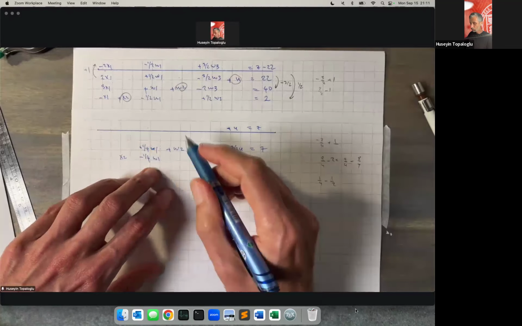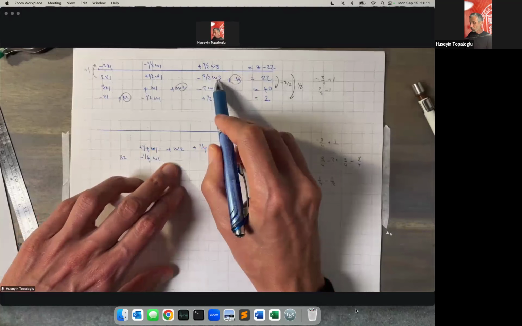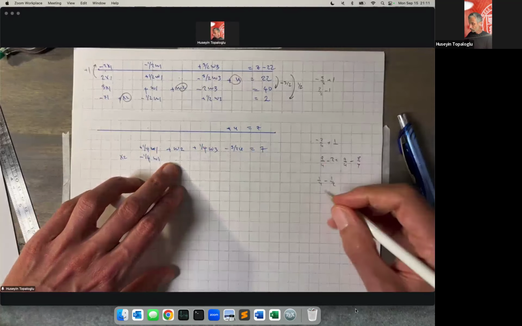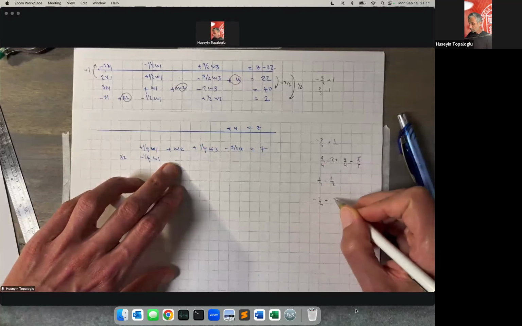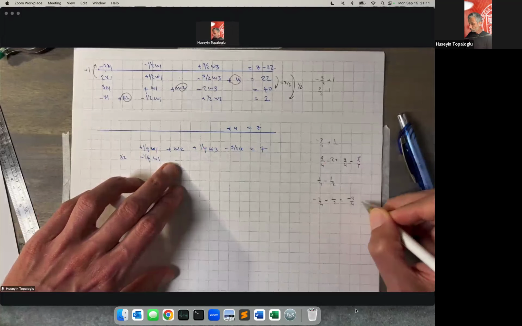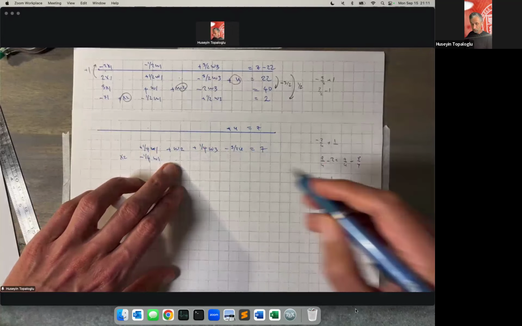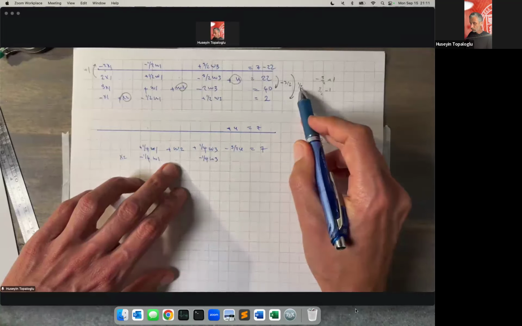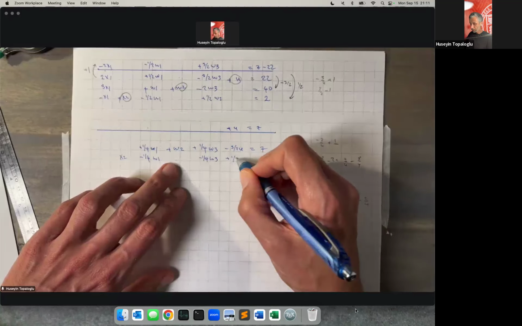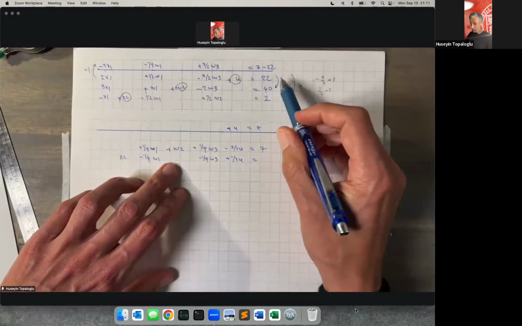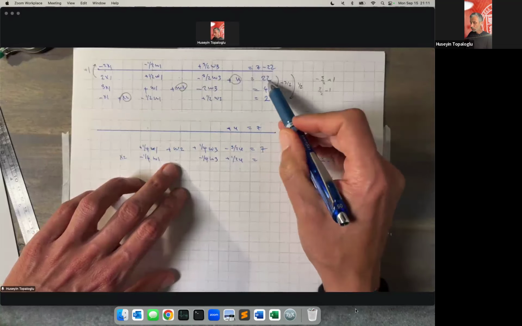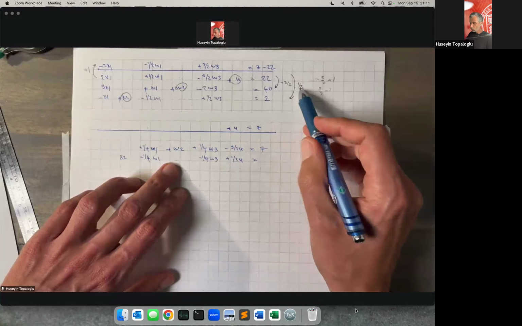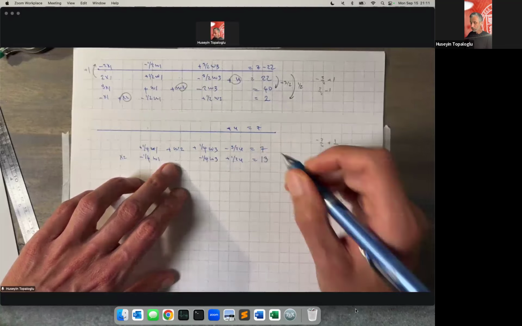No W2 plus no W2, no W2. -3/2 W3 times 1/2, that is -3/4, plus another 1/2 W3, -3/4 plus 2/4, that is -1/4 W3. And lastly, U times 1/2 is 1/2 U plus 0U, that is 1/2 U. And on the right-hand side, 22 times 1/2 is 11 plus another 2, 30.